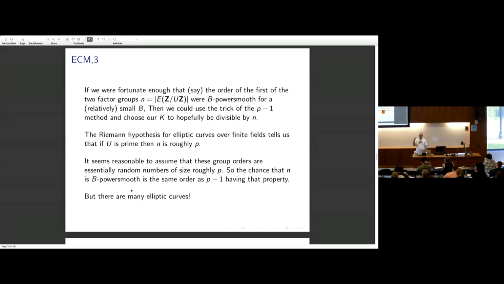But now, if the order of that elliptic curve is not smooth mod p, there are many other elliptic curves. So you have a recourse. You can keep trying with lots and lots of elliptic curves, hoping that you're going to get an elliptic curve where the order of the points mod p turns out to be smooth.